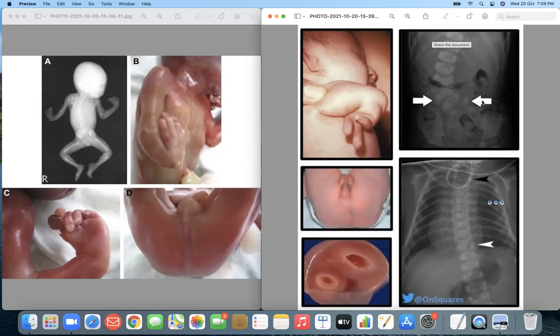No, this is not butterfly, Dr. Yasser. Butterfly is a little different, that will be in Alagille syndrome. Here you have defects in the vertebrae, not complete fusion, incompletely fused. This looks like sacral agenesis. Dr. Yasser is right, the upper one is sacral agenesis.